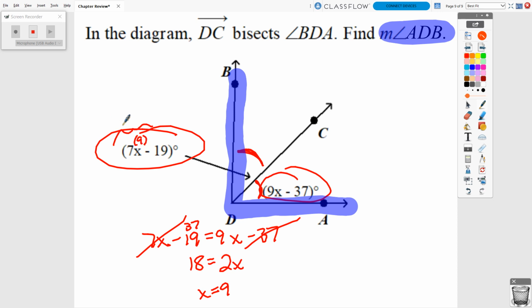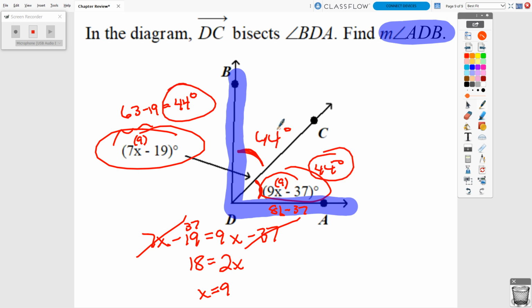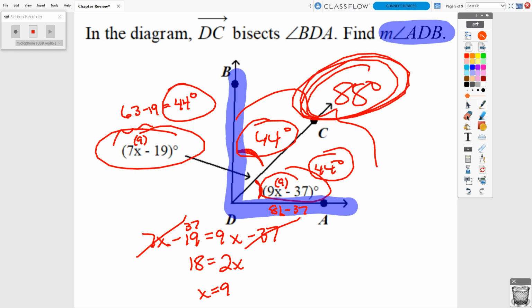So let's see, this one, that's 63 minus 19, would be what? 50, no, not 54, 44? Which means if I also plug 9 into this angle, 81 minus 37 is also 44 degrees. So I can clearly see that these are the same angle. And so then 44 and 44 adds up to be 88 degrees.